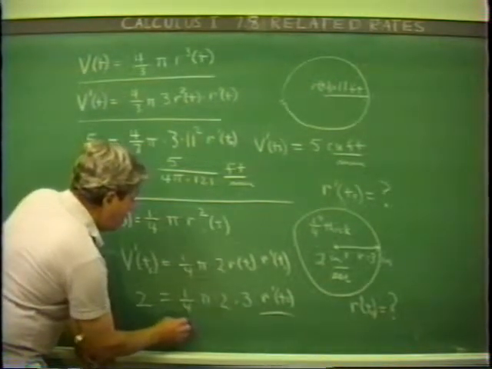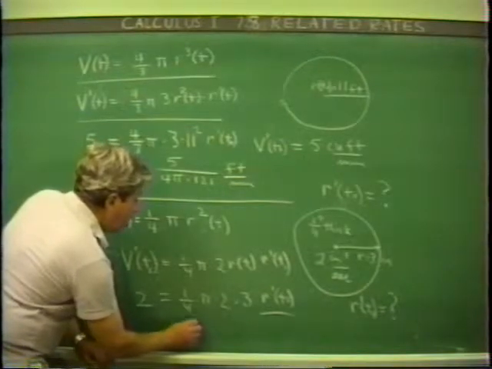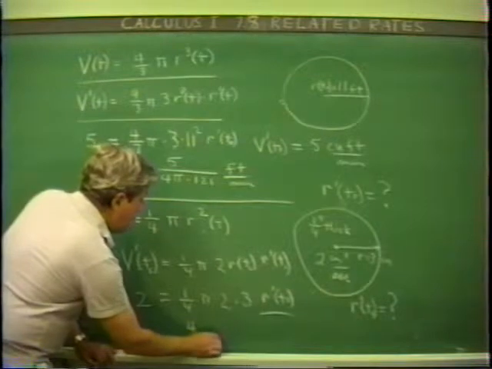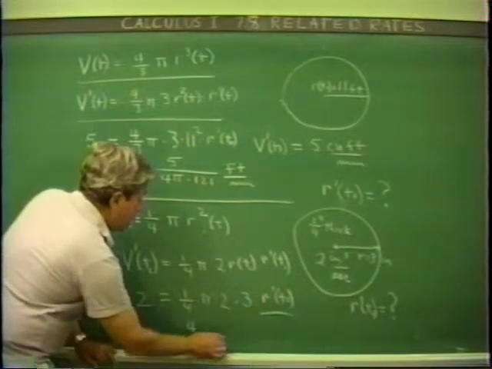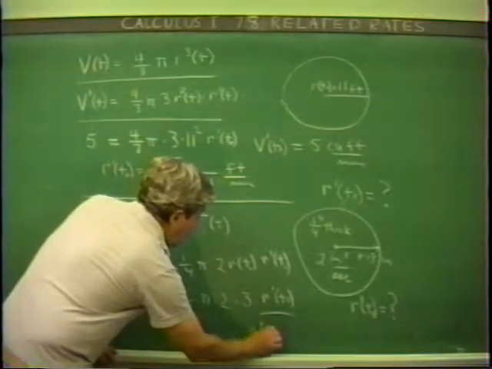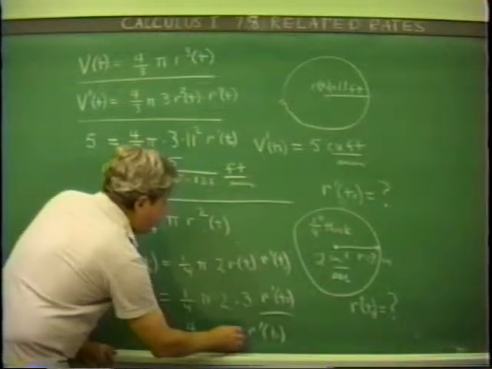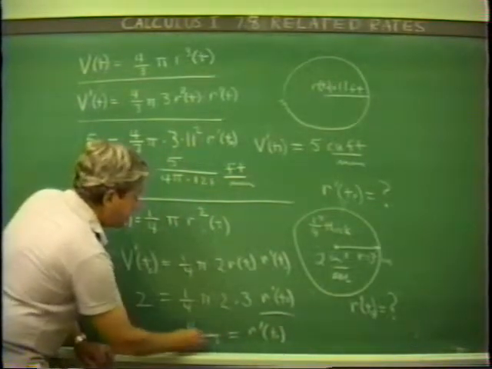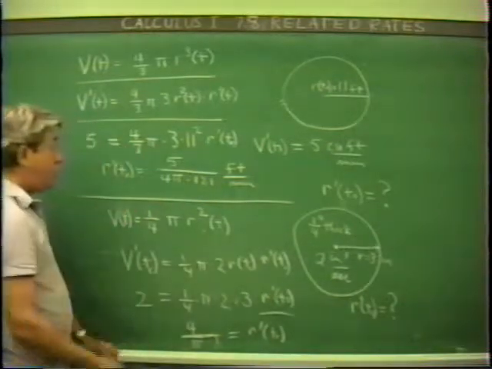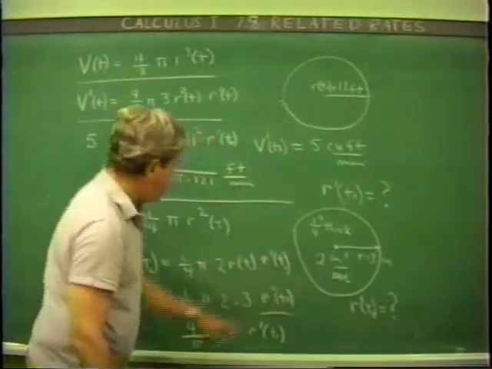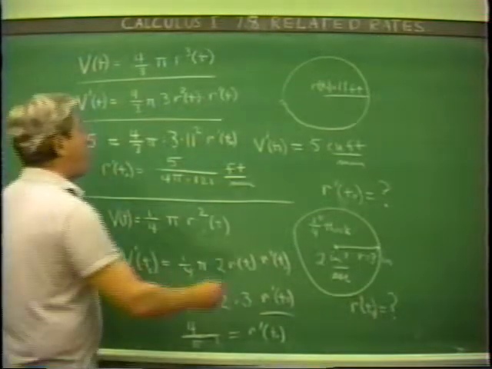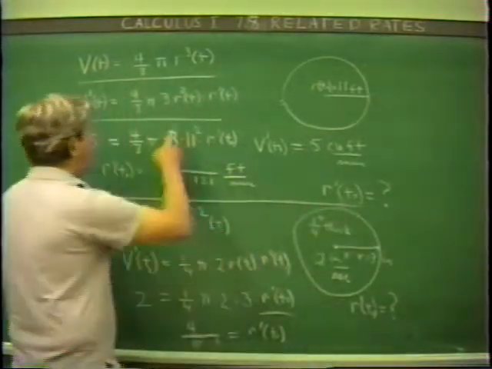It's going to be equal to, dividing by 2 here, I'm going to get 1 over 1/4 pi, or 4 over pi times 3. So this is the rate of change of the radius at the time we're interested in. And this is going to be, again now, in inches per second, because the original quantities were in inches per second.